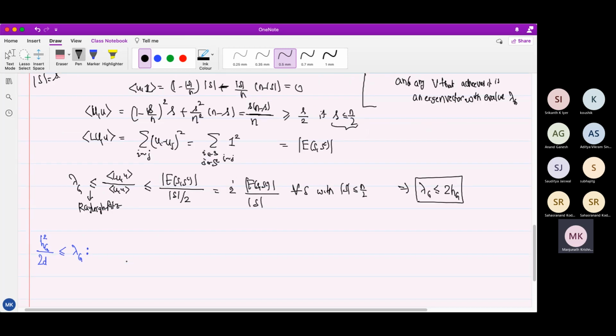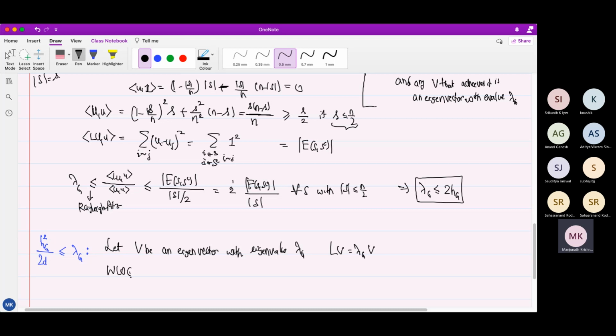To go the other way, let V be an eigenvector with eigenvalue lambda g, that is, LV equals lambda g V. So it's the second eigenvector, and we use it to construct the set S.